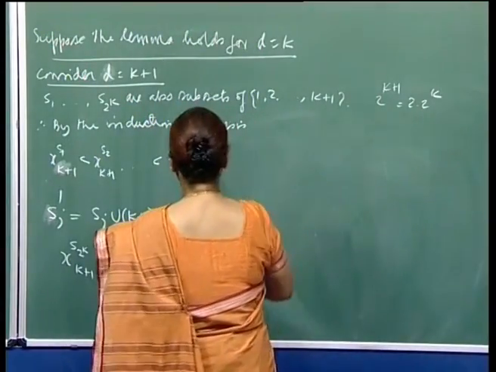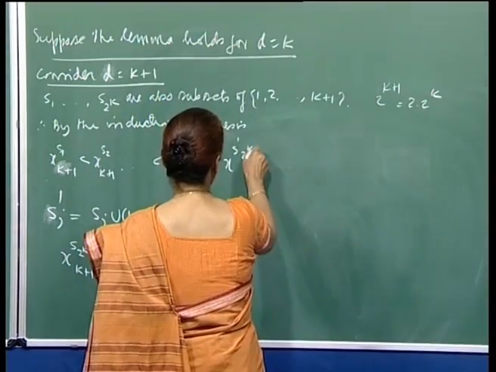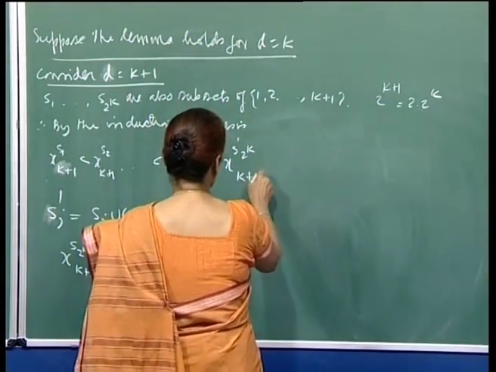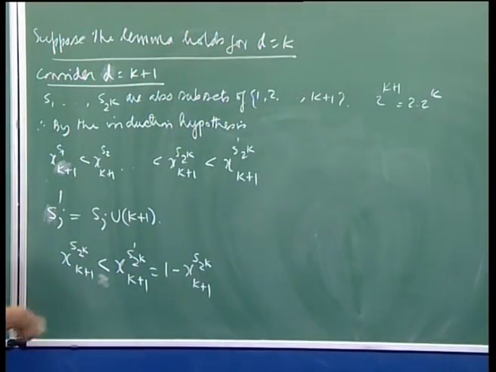So, here that means I am saying this is less than x s prime 2 raised to k plus 1. Fine, that part I have already shown you. Now, what is happening is that when you look at x s prime 2 k minus 1.